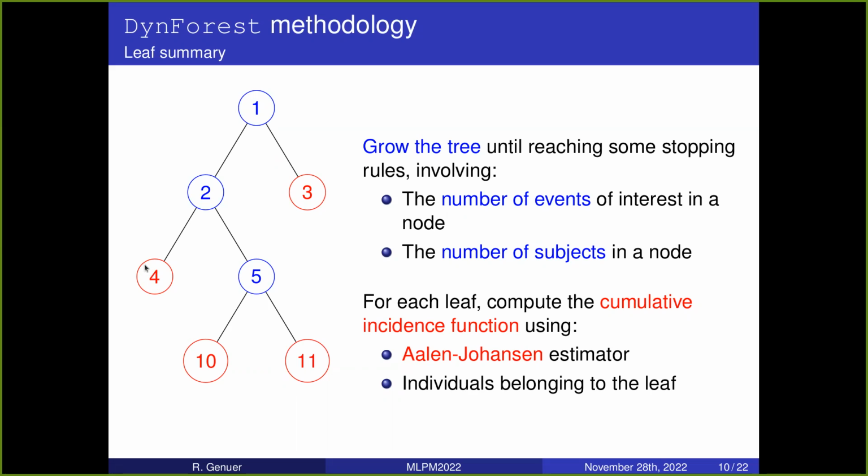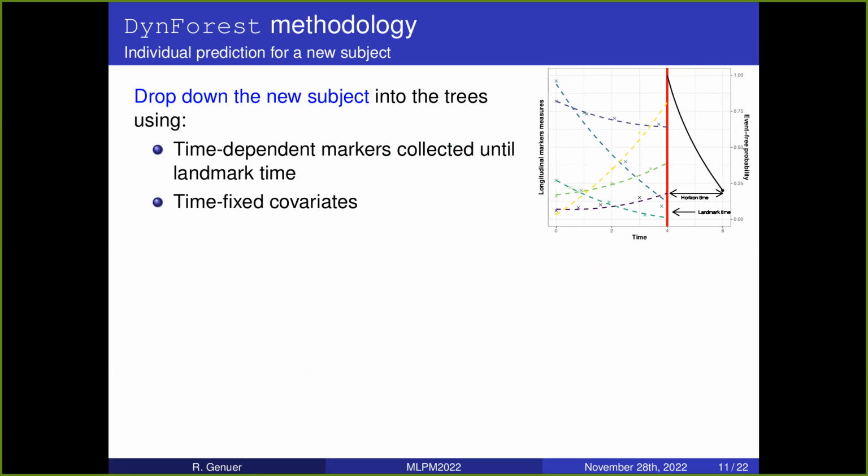Okay, so for each leaf, we look only at the individuals belonging to this leaf. We apply the Aalen-Johansen estimator, and this is what we are going to use for the prediction of the probability of event. So once we have constructed the tree, we can perform some prediction. So let's say that you have a new individual.